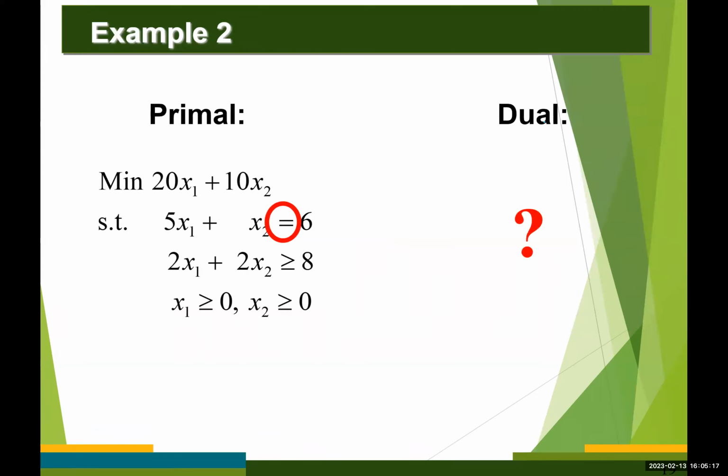Now let's consider another variation. In the symmetric primal dual pair, the minimization problem has a greater than or equal constraint and non-negativity variables. Now let's suppose rather than an inequality constraint, we have an equality constraint. In this case, how do we write the dual of this problem?